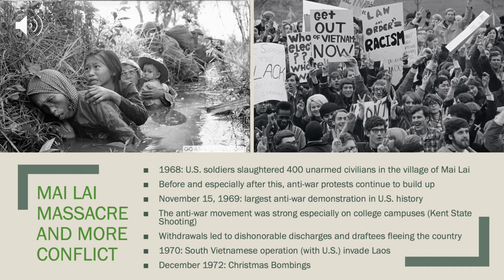Before and especially after this campaign, anti-war protests continue to build up in the U.S. In November of 1969, the largest anti-war demonstration in U.S. history occurred in Washington. The anti-war movement was really strong, especially on college campuses and among the youth. This even led to the Kent State shooting, where 4 students were killed during a demonstration.